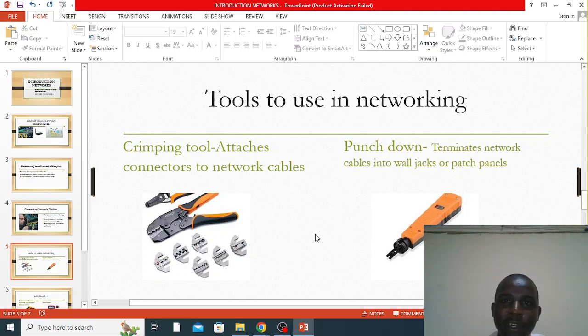What are some of the tools that we normally use in networking? Doreen, what are some of the tools that we use whenever we are performing networking?